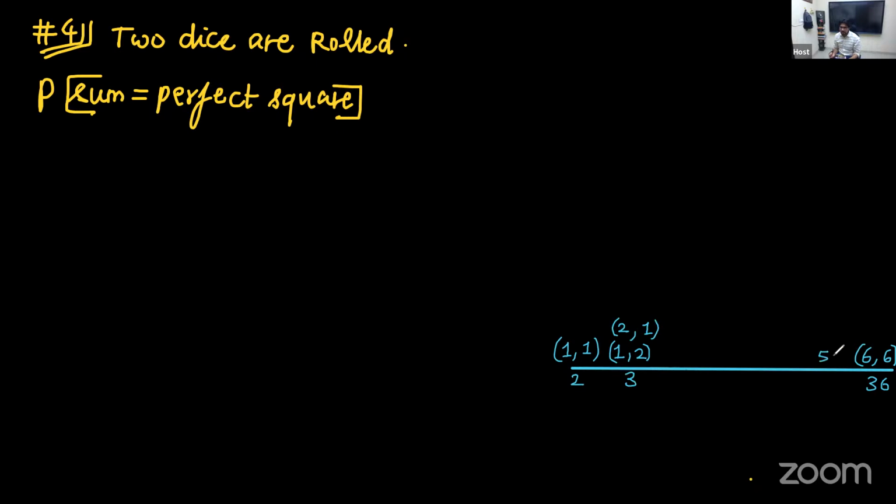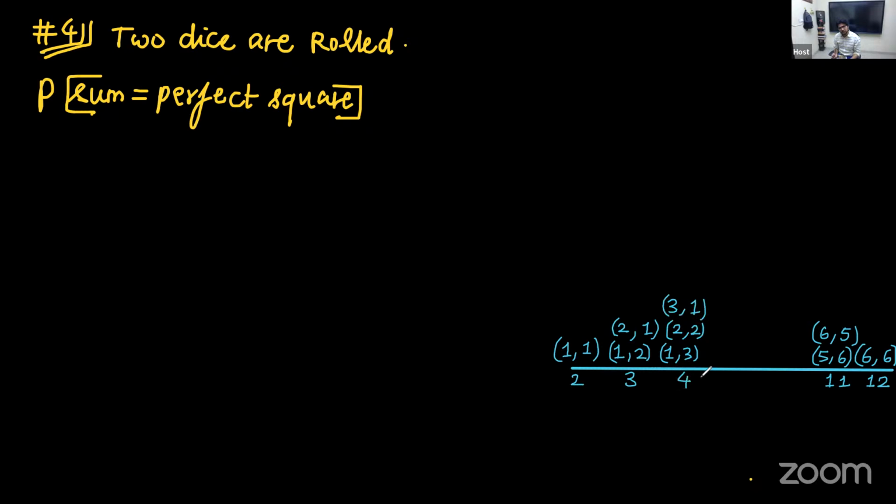Similarly, you get 6 and 6, the maximum sum becomes 12. I'm so sorry, in my mind I was having the product. So the sum becomes 12. And then 5 and 6 and 6 and 5, these 2 ways exist to get the sum 11. Then on the first you get 1 and on the second 3, on the first 2 and second 2, on the first 3 and second 1.